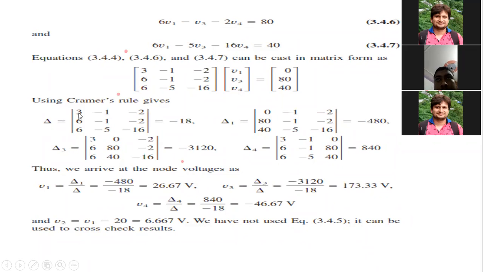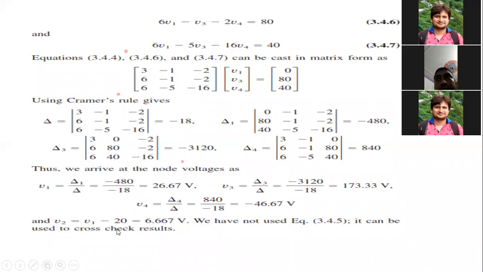You have to find the determinant. For those who don't know, you can refer to this. We take the coefficients and find the determinant, and after that we replace the columns with the right hand side numbers, that is 0, 80 and 40, and go on calculating delta 1, delta 3, delta 4. So that gives us V1, V3, like that.